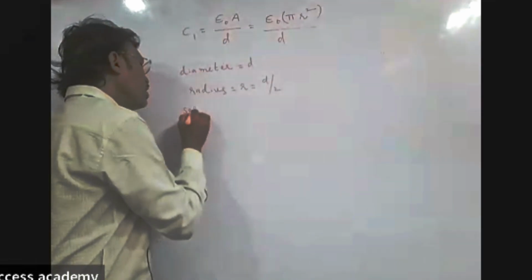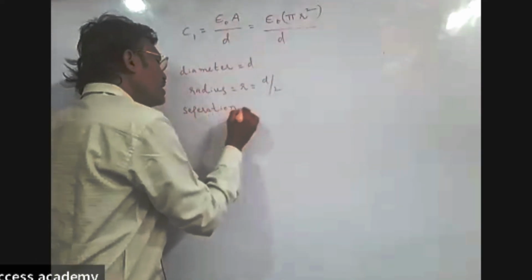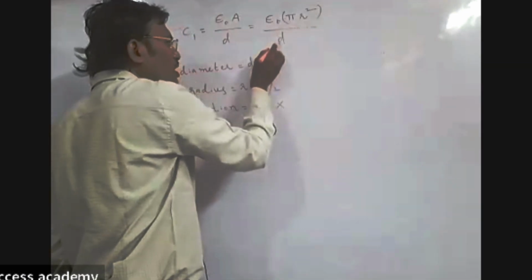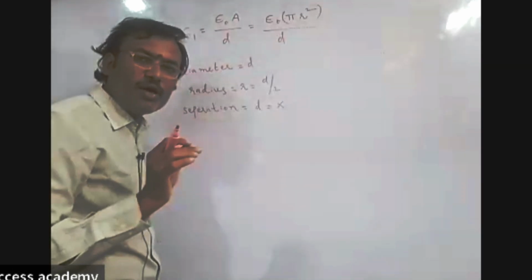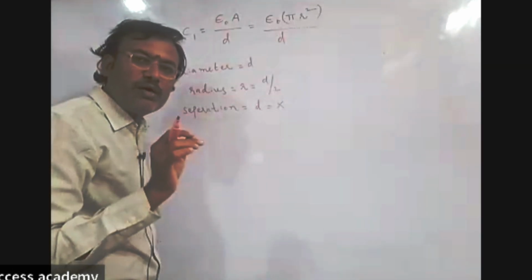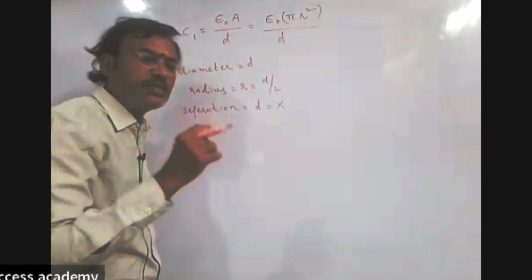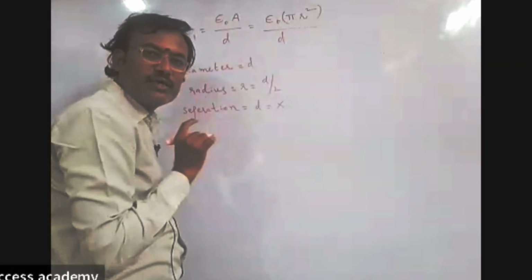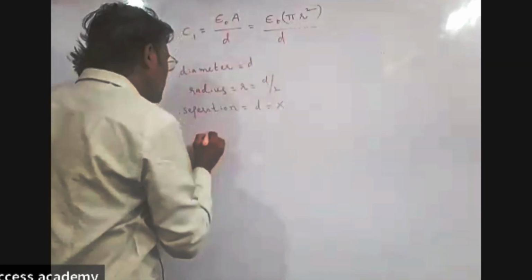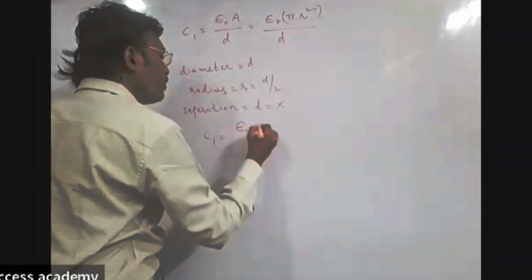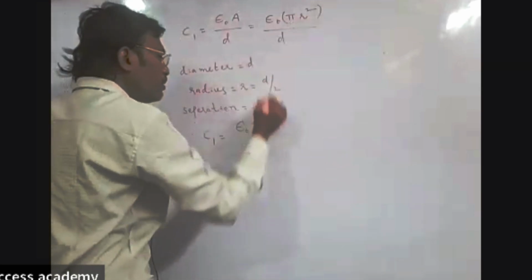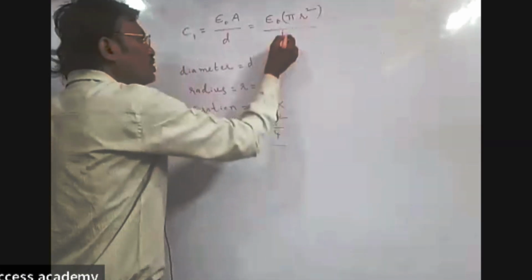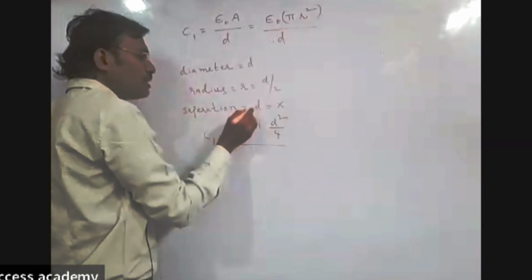Now, the separation between the two plates is given as X in the problem, while the notation in the formula is D. So D is equal to X. Here I am replacing the formula as epsilon naught pi, in the place of R, D by 2 whole square, that is D square by 4, by the separation, which in the problem is given as X. What was given as separation in the problem?